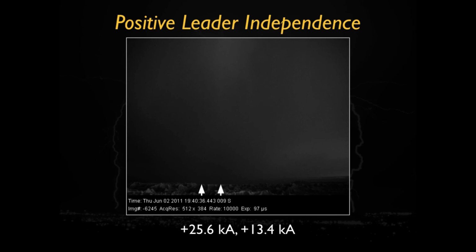And we also see the positive leader independence that we showed earlier with the negative leaders, in which a leader branch will become cut off from the main channel and propagate independently to ground and can connect with the ground after the first return stroke by the main channel. We're going to see this example here with a positive cloud to ground flash, and the first one records an estimated peak current of 25.6 kiloamps.